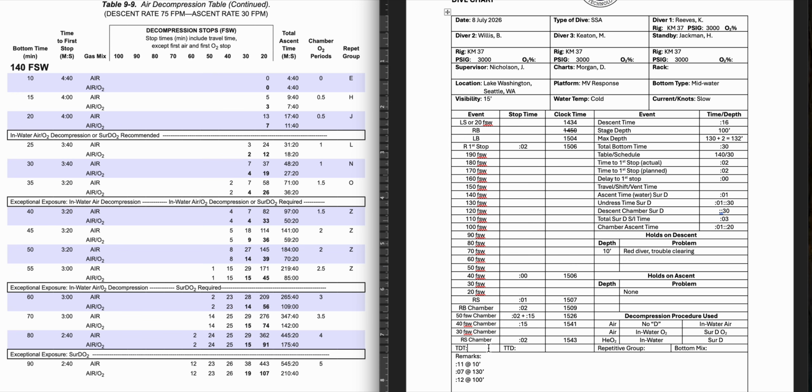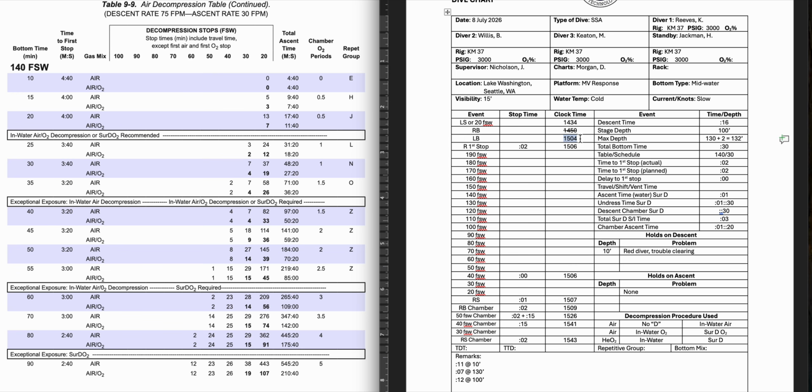Anyway, so now it's time to calculate our total decompression time. That is going to be pretty much everything in this column added up. Remember, we will not be putting anything in these 3 boxes up here. So all of these added together, you could do these one by one, or the way I like to do it, it's a little faster. If you just take the difference in time between left bottom and reach surface chamber, that will give you your total decompression time.